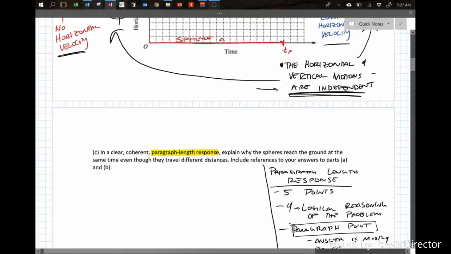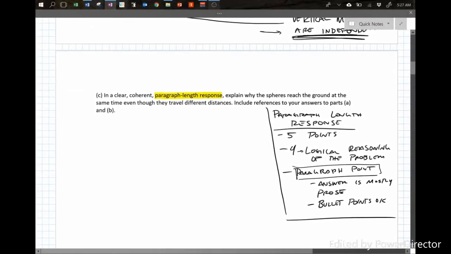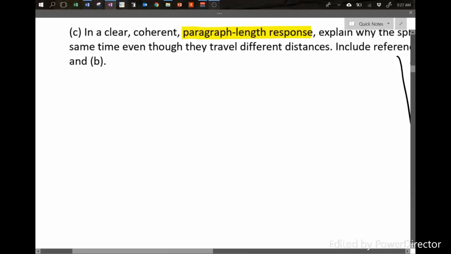When we do these paragraph length responses, we need to be specific about what the why stuff is and what the things that we're talking about are. So the big idea that started us off was that horizontal and vertical motions are independent of one another.